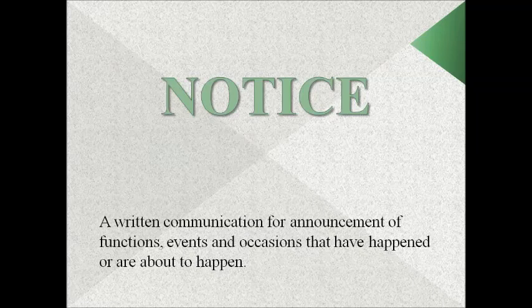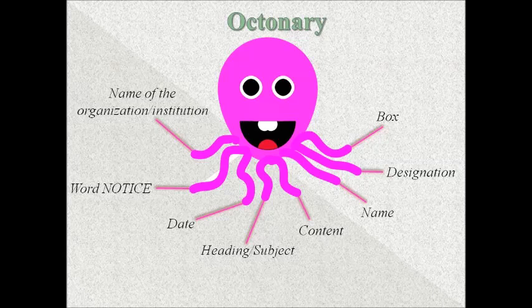I'm going to tell you a very easy way to learn the steps of a notice. When you are writing a notice, just remember the picture of an octopus. An octopus has 8 legs. So, one leg, name of the organization or institution.